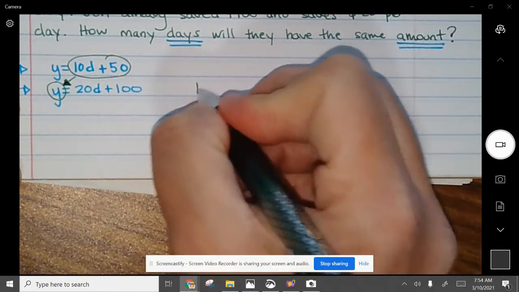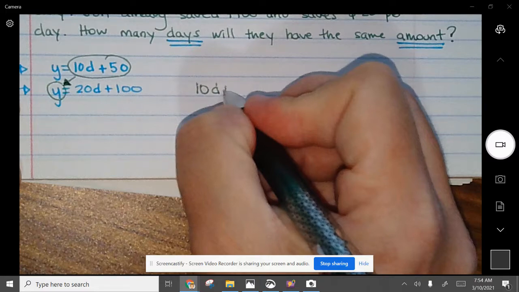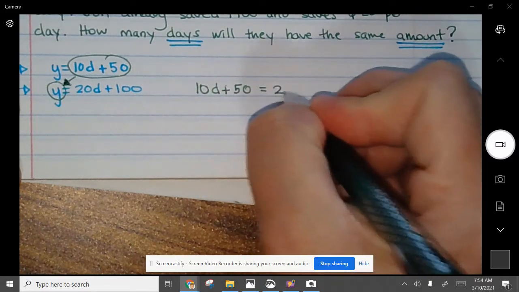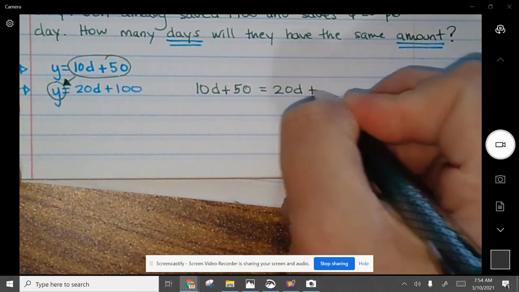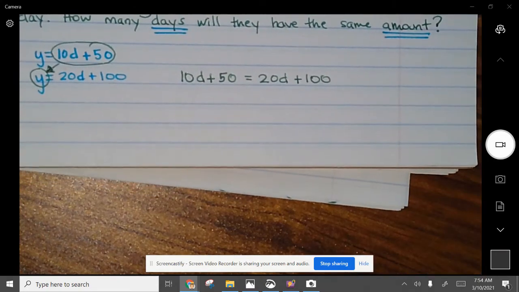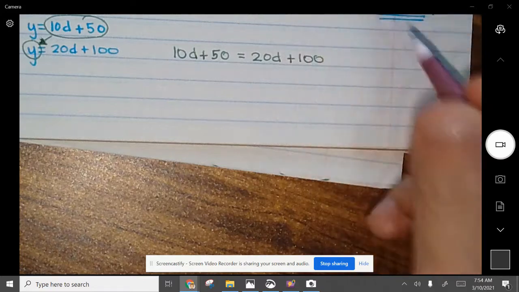These are substituting. We're substituting that in there, right there. Okay. So 10D plus 50 equals 20D plus 100. Okay. Now let's just go ahead and solve it. When we do that, let's go ahead and letters to the left.